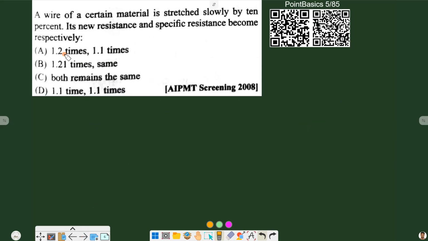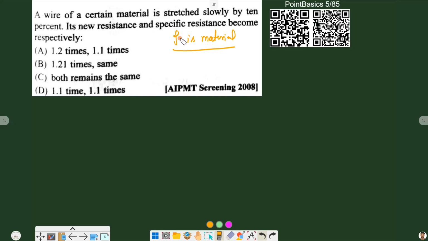Next one. A wire of certain material is stretched slowly by 10%, and new resistance and specific resistance become respectively? Now, here we have to find out changes in resistance and specific resistance. So we know that rho is a material property. If material does not change, specific resistance or rho does not change.